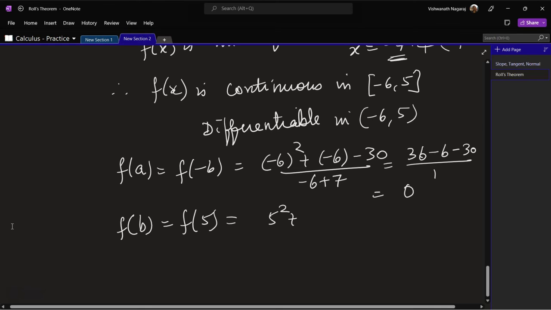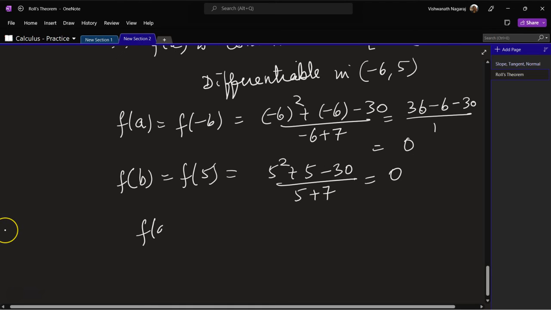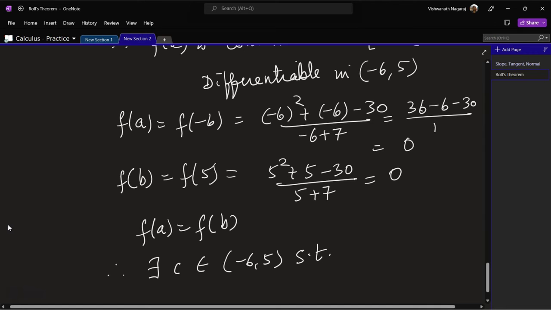So 5 square plus 5 minus 30 divided by 5 plus 7, which is 25 plus 5 is 30, 30 minus 30 is 0. So the whole thing is 0. So f of a is equal to f of b. Therefore, there exists a point c belonging to the open interval minus 6 comma 5 such that f prime of c is equal to 0.